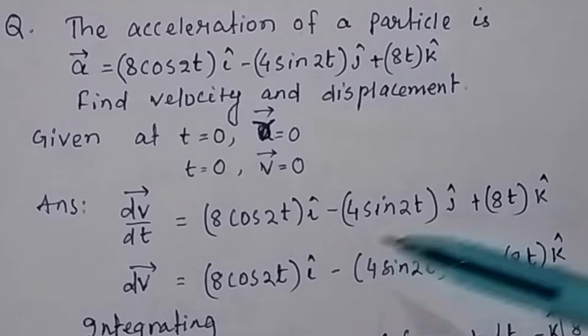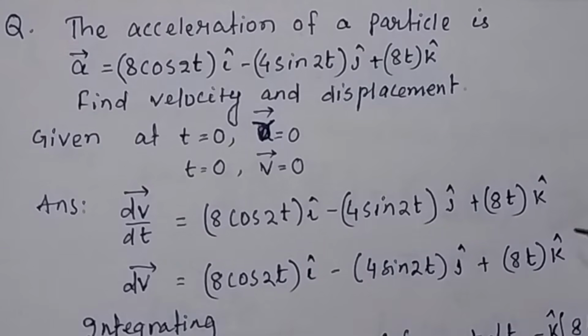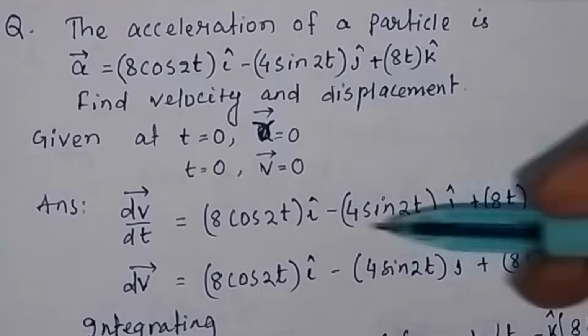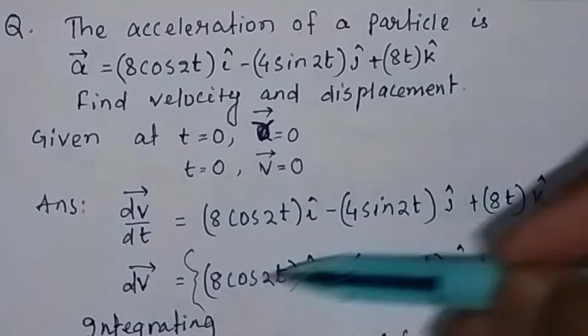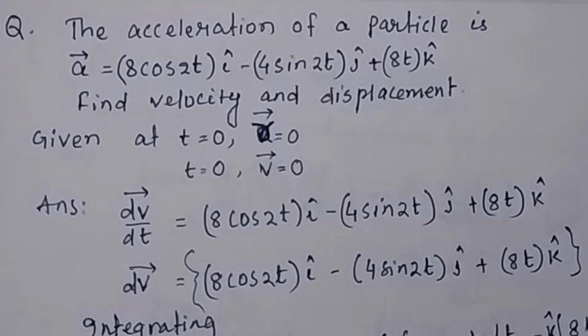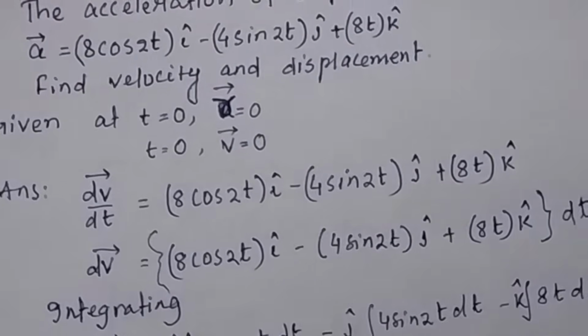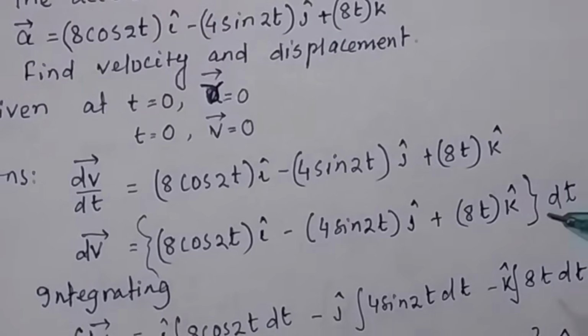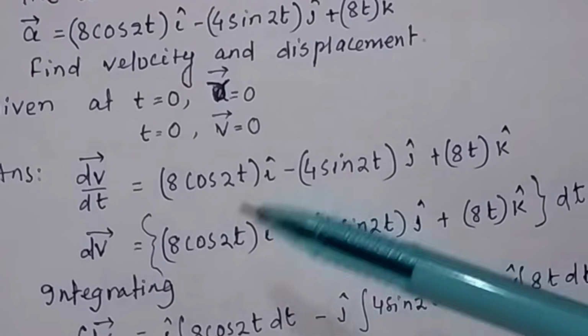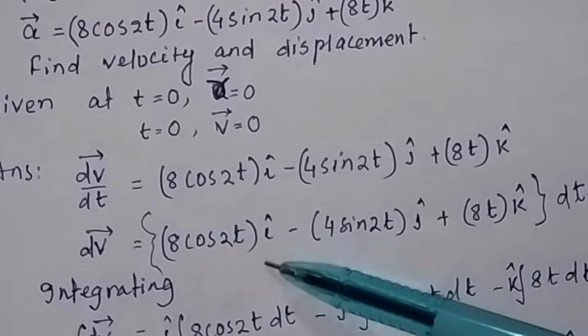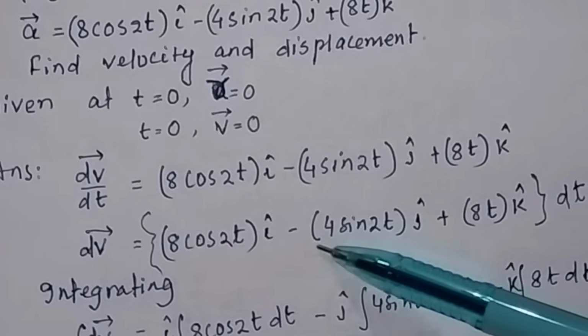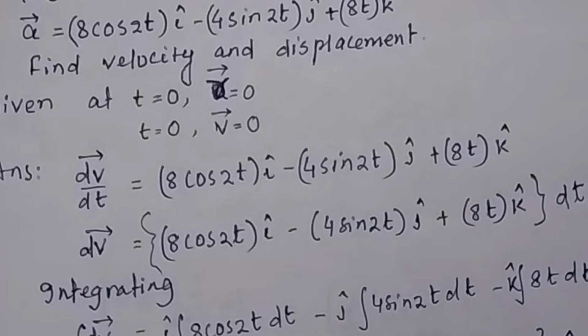So dv will be equal to this vector function with dt. So you can find out dv. If you integrate dv, you have to integrate each component of the vector function.